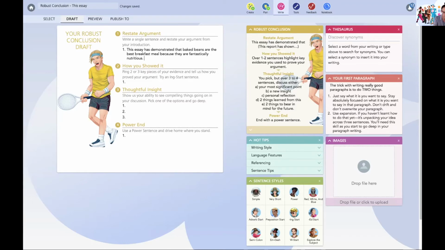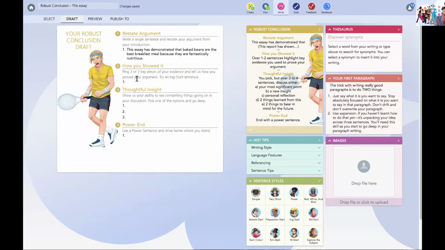And for those students who've used the multi-purpose introduction, that in essence is a simple, slight recast of sentence 3. It's the argument sentence slightly recast, because instead of saying, I will argue, this essay will argue, it's demonstrated, I've done it. The second sentence of the conclusion is, tell us how you proved this or how you showed it.